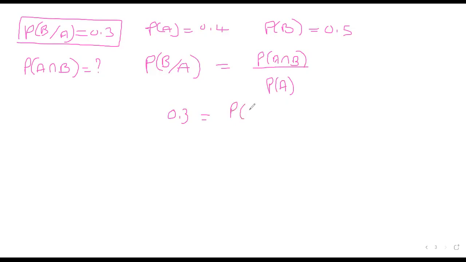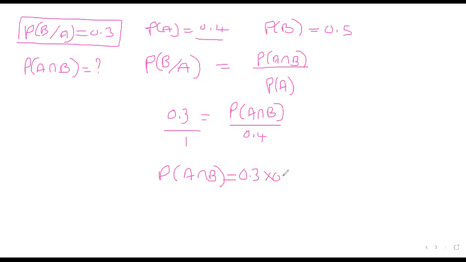A intersection B we don't have. And what is the probability of A? 0.4. When you cross multiply, A intersection B is equal to 0.3 times 0.4, which is 0.12.